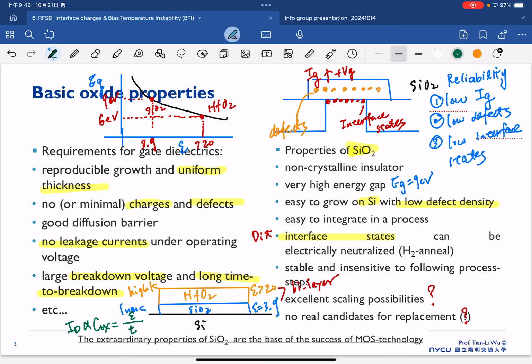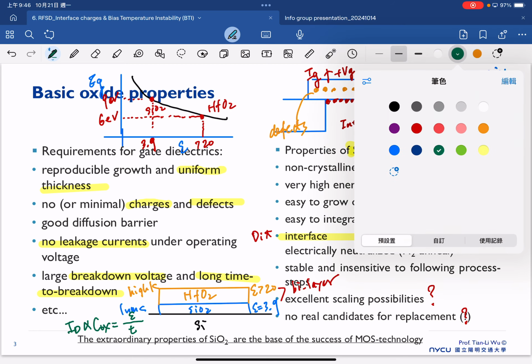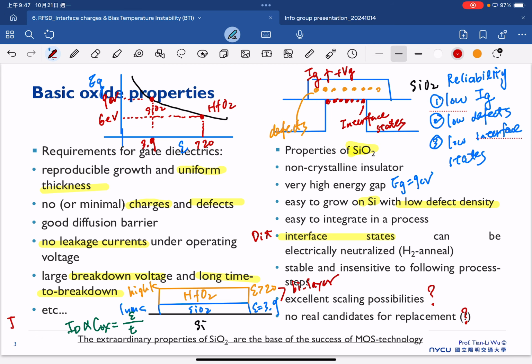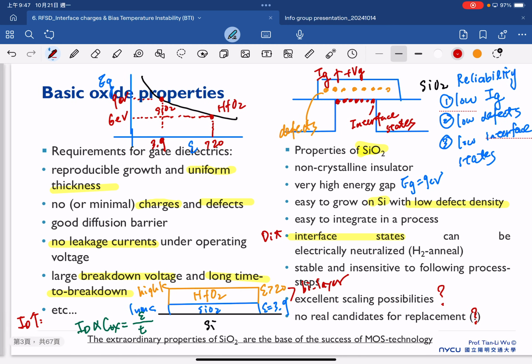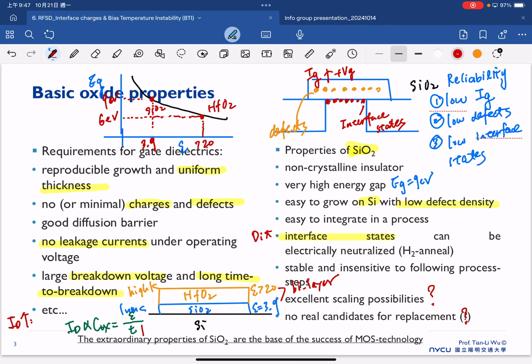So if we want to improve the performance of our transistor, meaning a higher current, the approach can be either to reduce the thickness or to increase the dielectric constant.